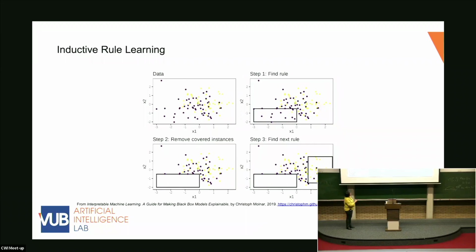It would like to find an area which is as large as possible, but also as clean as possible, only having dots of one class inside. So support is the area, and accuracy is how clean the area is. Then it would learn this rule and put this data aside, covered by the first rule, and then start to search for another area. That could be a good compromise of being rather big and rather clean. So that's the basic idea.